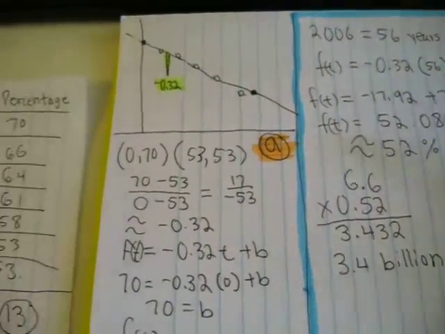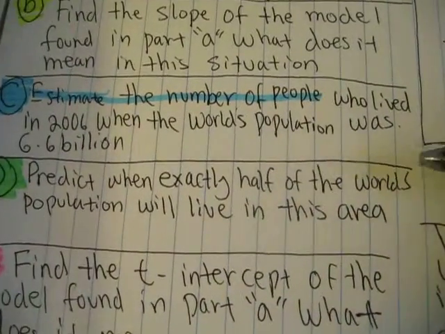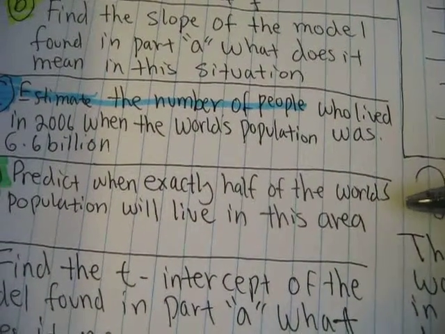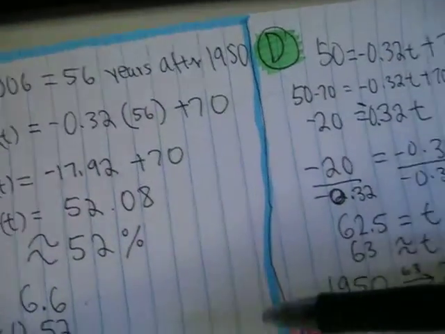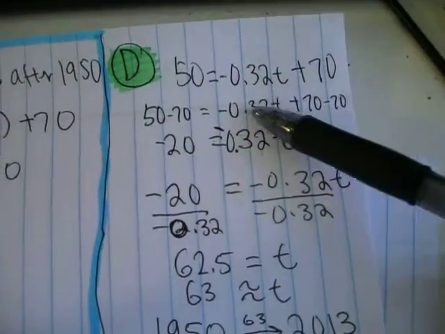So let's go on to question D. Predict when exactly half the world's population will live in this area. So half is 50%.